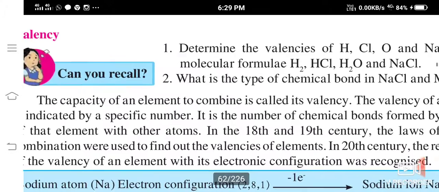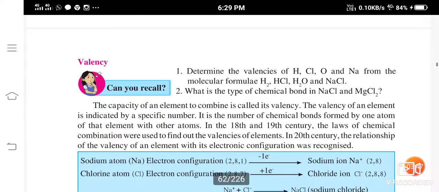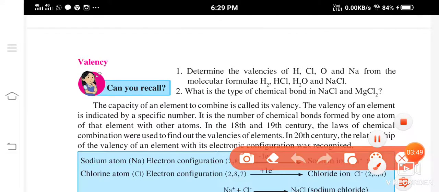See hydrogen. The valency of hydrogen is how much? 1. In this compound also you have got HCl, so the valency of hydrogen is 1.